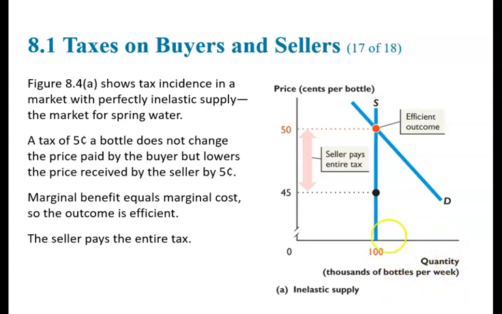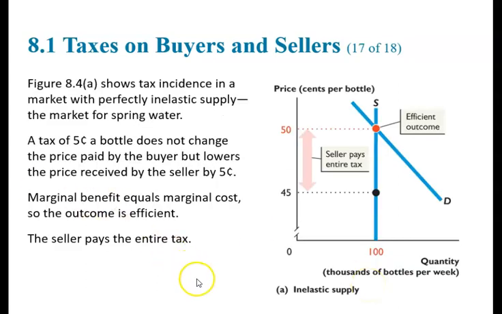So if 1,000 or 100,000 bottles can be bottled from the spring every week, the supply is pretty much inelastic because it cannot change no matter what the price of the bottle is. It does not matter whether the price is 45 or 50, the supplier can only supply the number of bottles which can be bottled from the spring water in a given time period, and there's a limit to that.